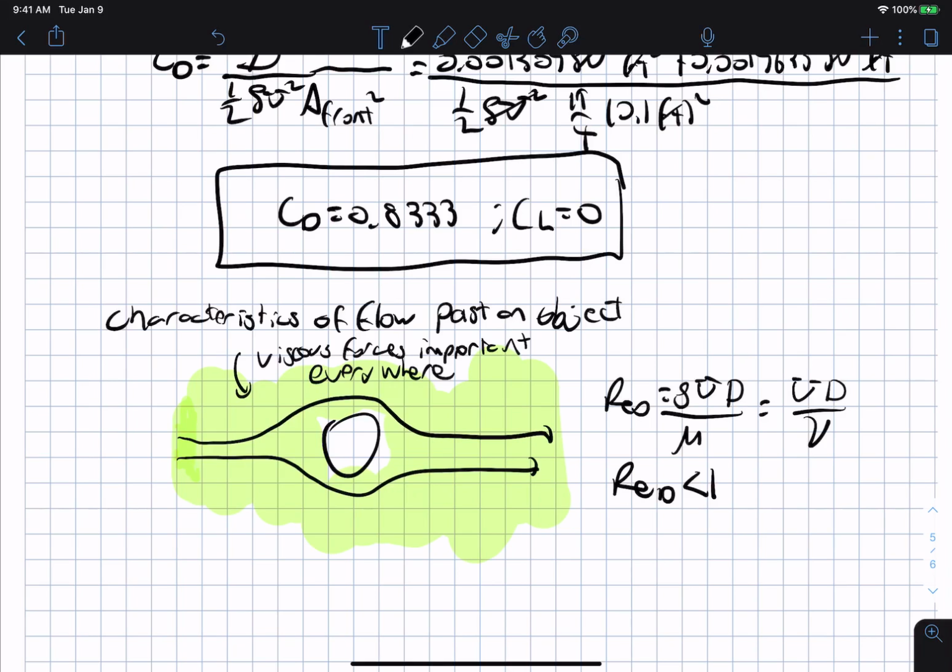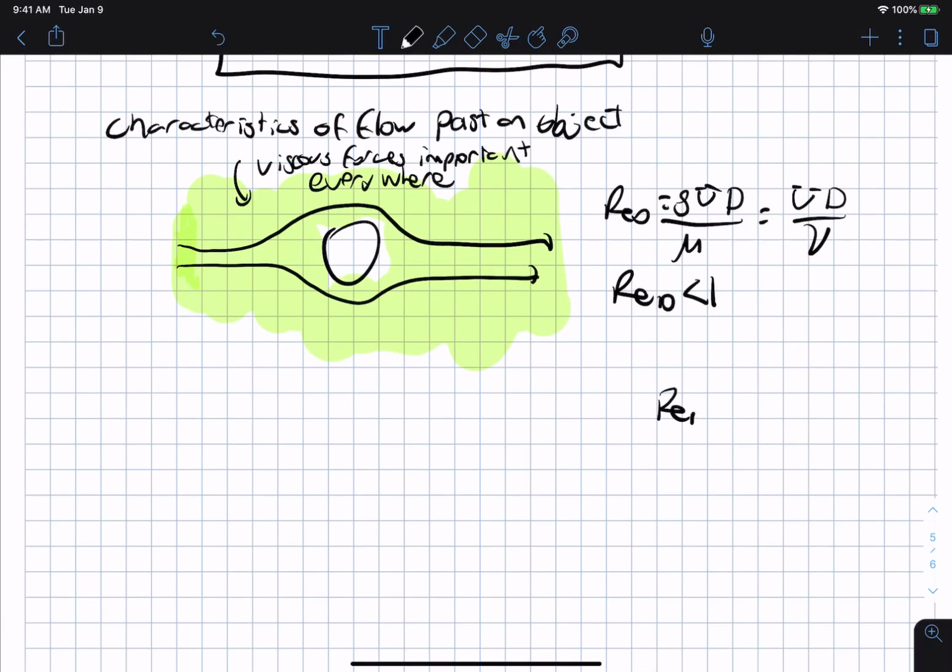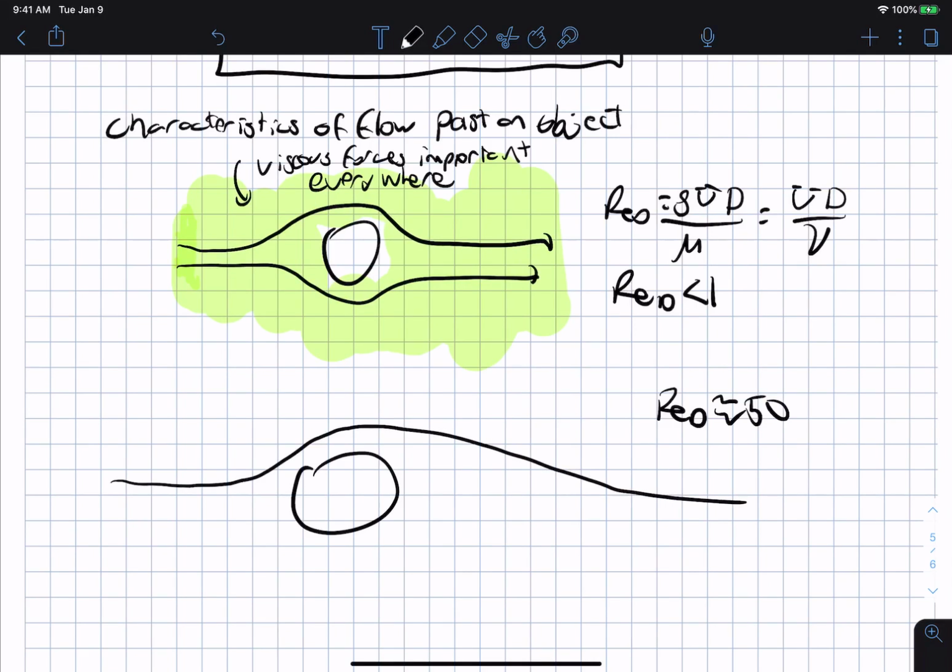Now, if we bump the Reynolds number up to, say, Re_D around 50, we wind up with a different flow pattern around the object. The streamlines are not nice and symmetric, and they don't just hug nicely around the object. The front looks qualitatively similar, but it goes over and around, and it takes a lot longer to merge in the back.